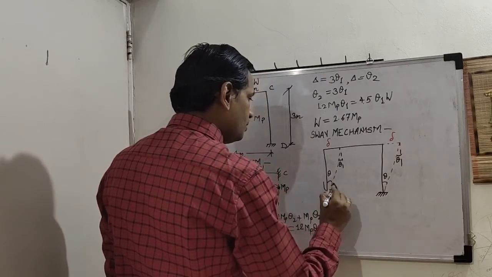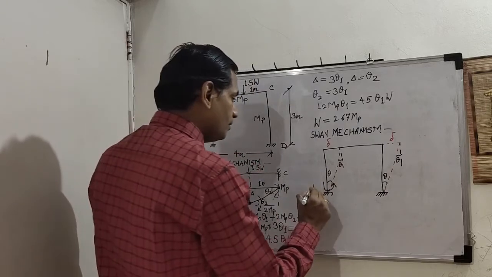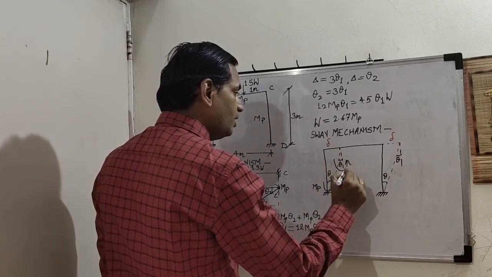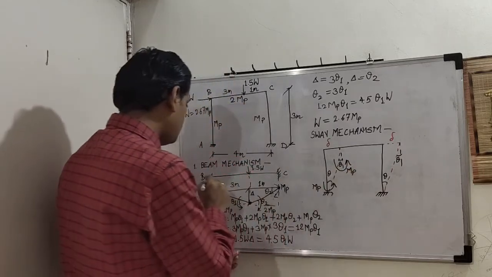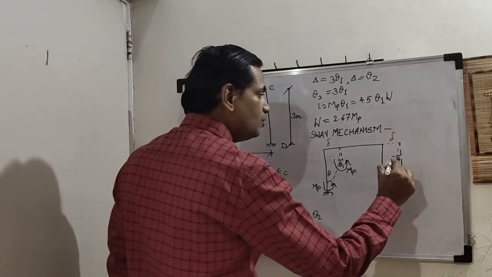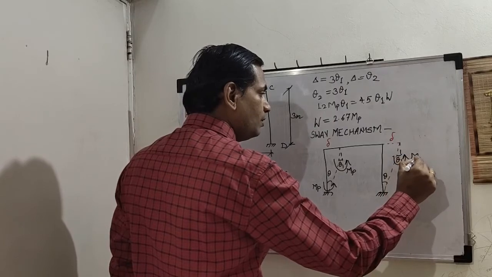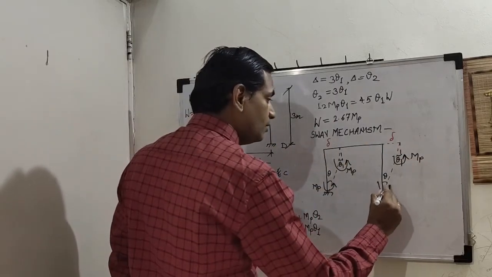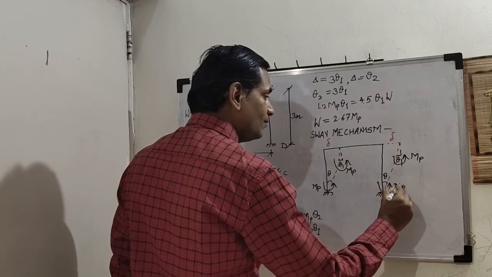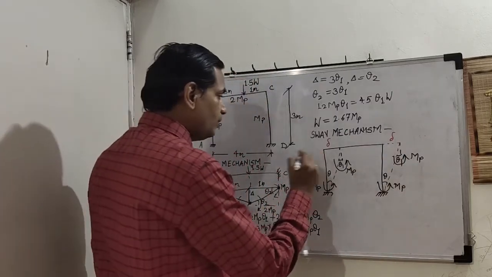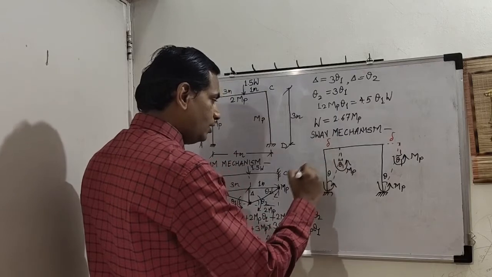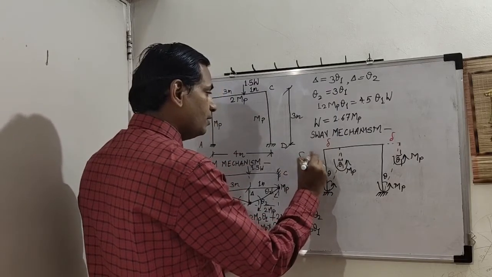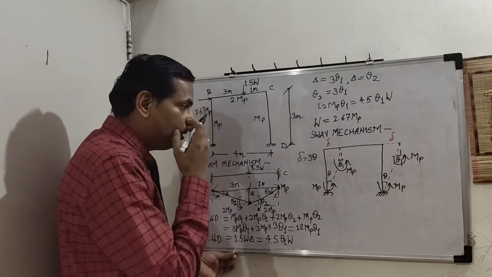So here is 1 MP, joint, again 1 MP, similar to this. Here is a joint again, so 1 MP, correct? Yes, and this is also 1 MP. So from this right angled triangle, height is 3, so delta is 3 theta. Okay, delta is 3 theta.